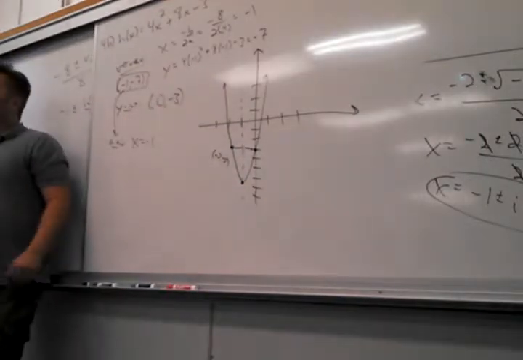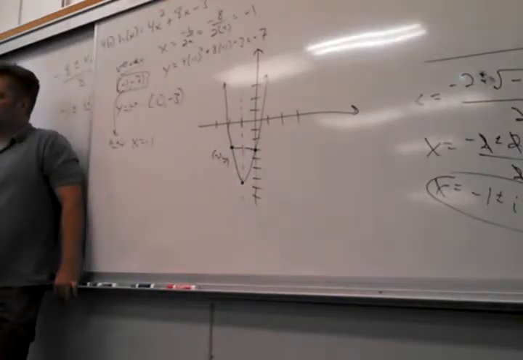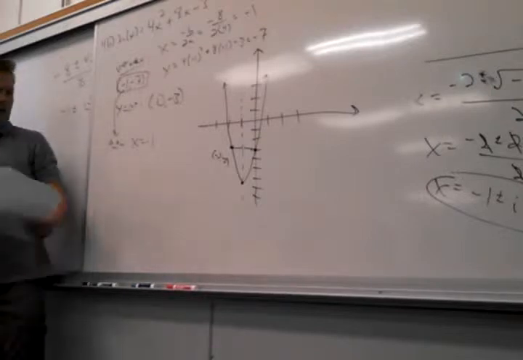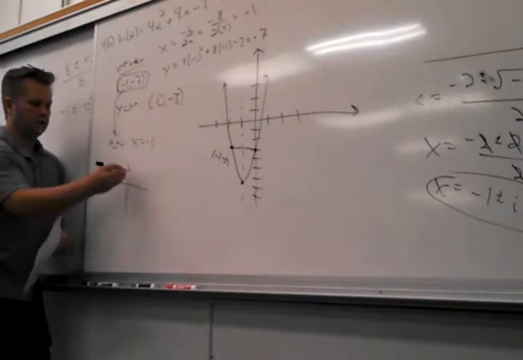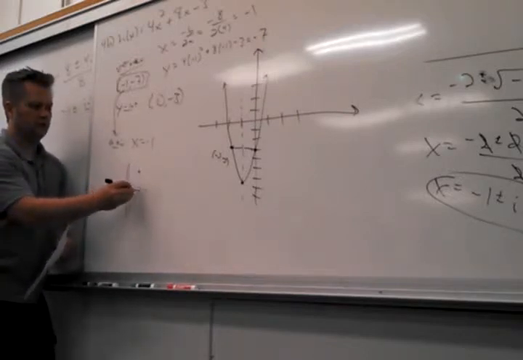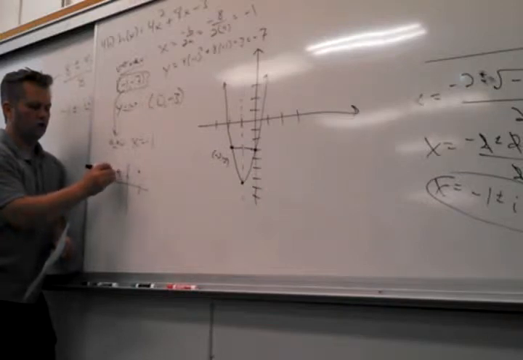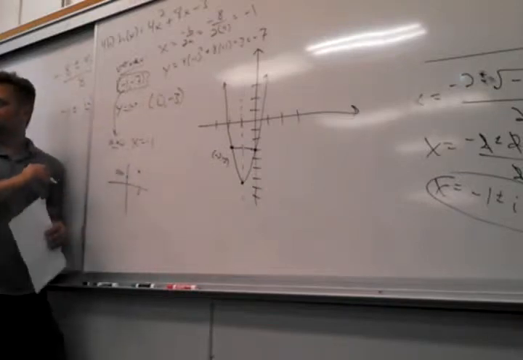So my question really was more, how do you find that other point when it's not so nice? Even if I gave you one, let's say the vertex is at 3, and the y-intercept is at 0.714.